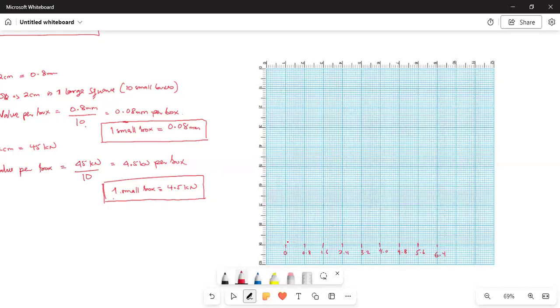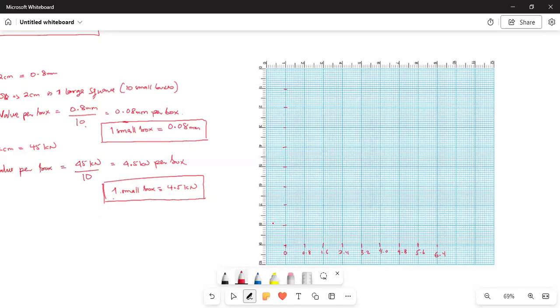I think my graph is a bit bigger, so don't be worried at all. So now this is the origin once again. Now I have my load axis. I told you to have your graph sheet, so I suppose that you have yours. On the load axis, we said 2 centimeters equal to 45.